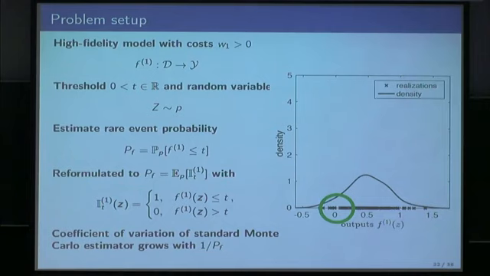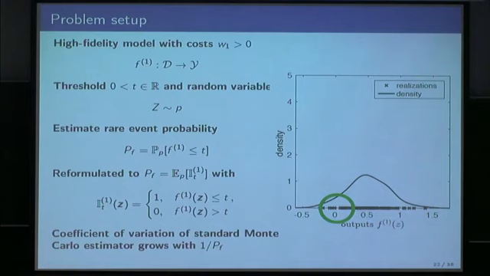Okay, so a quite different problem that we're interested in here. We say again we have a high fidelity model, and there's a slight change of notation now: f1 is the high fidelity model with a certain cost w1, and then we have given here a threshold t, and we have a random variable, and we're interested in estimating the probability that the output of this high fidelity model is less than t.